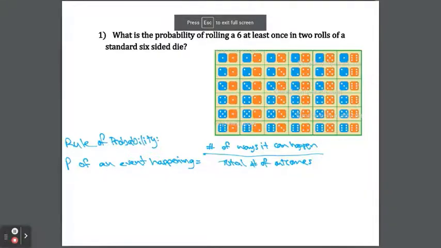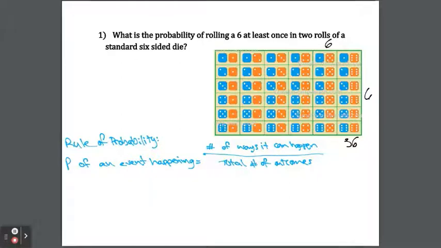What is the probability of rolling a 6 at least once in 2 rolls of a standard 6-sided dice? Each roll has 6 possible outcomes, so the possible outcomes in 2 rolls is 6 by 6, which is 36. The rule of probability is probability of an event happening equals number of ways it can happen over total number of outcomes.